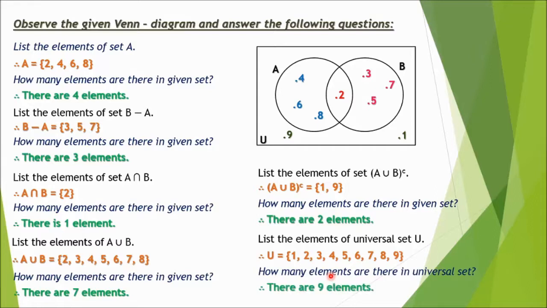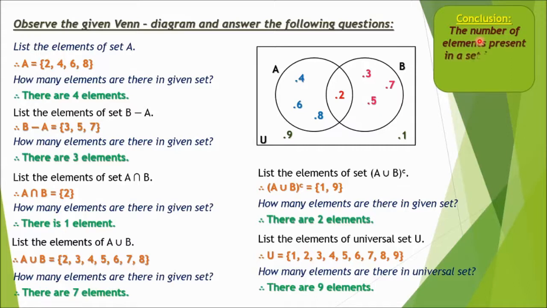So what shall we call it? Now our conclusion is, the number of elements present in a set is called the cardinality of the set.